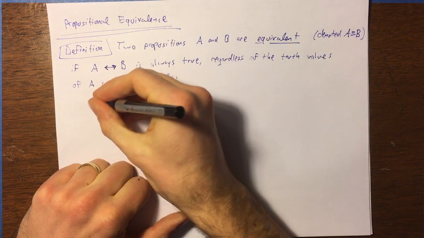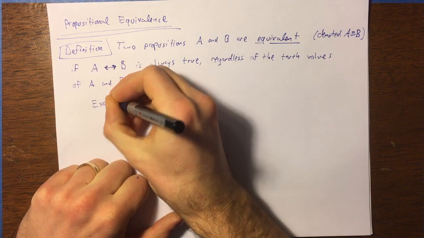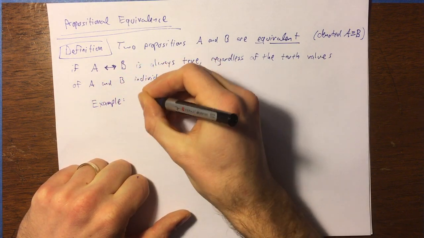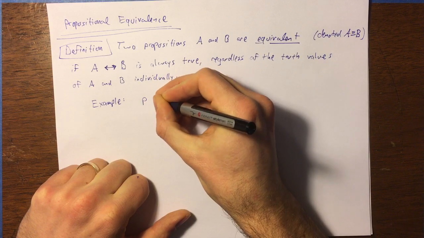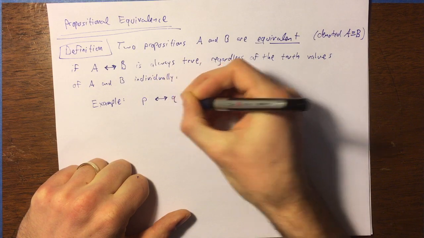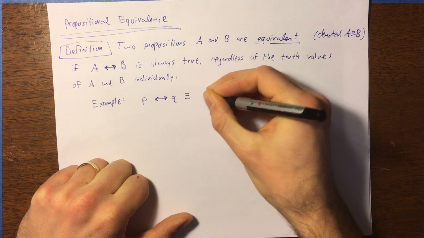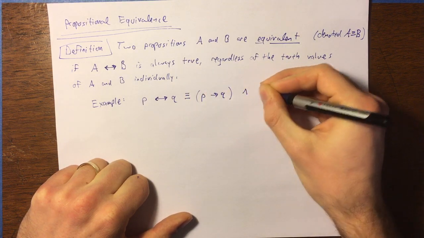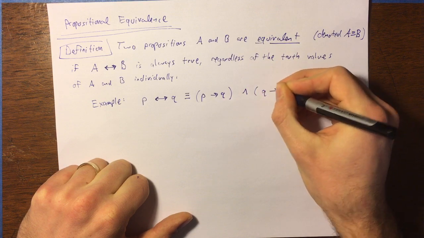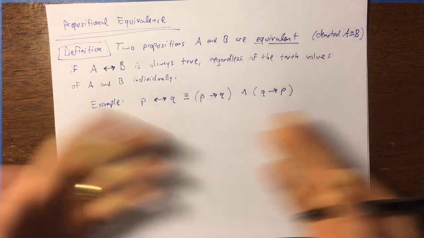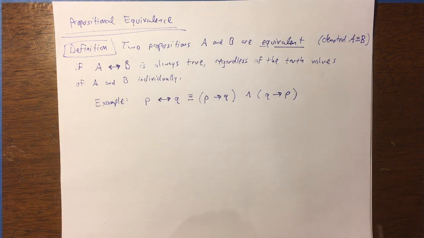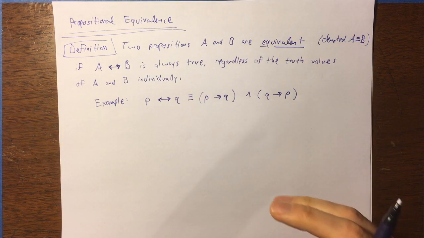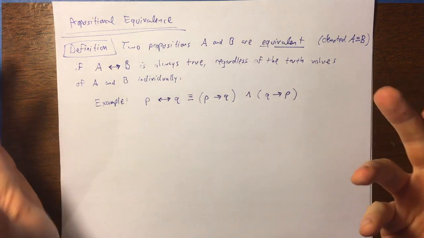So let's look at one example. Okay, it's going to get a little bit meta here. The biconditional statement itself, P if and only if Q, is equivalent to saying P implies Q and Q implies P. Now, this equivalence is basically justified just by the meaning of biconditional. You can think of this as a definition of if and only if.